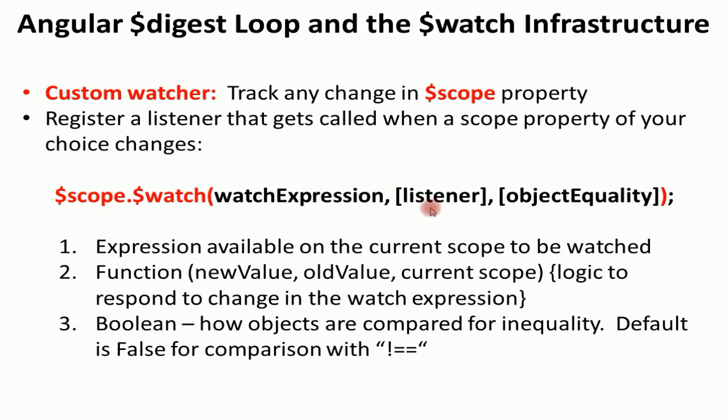Parameter 2 is the listener function. This is the listener function you register with the watched expression. And parameter 3 is called object equality, which determines how the inequality or the change is detected. The default value is Boolean false, in which case the strict comparison operator is used, which will be sufficient for us now.